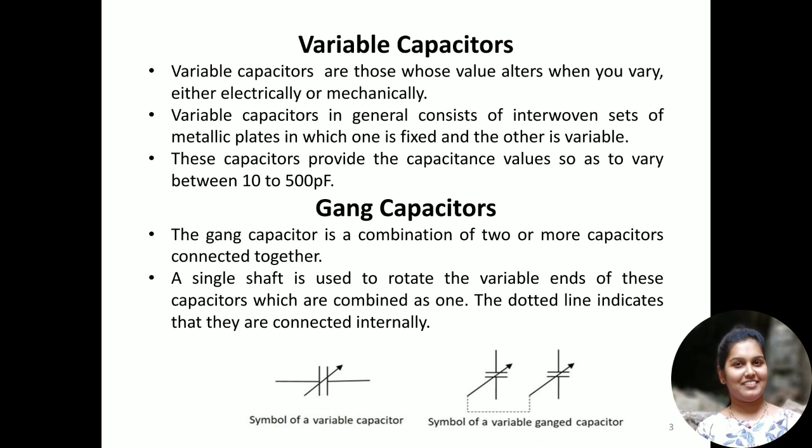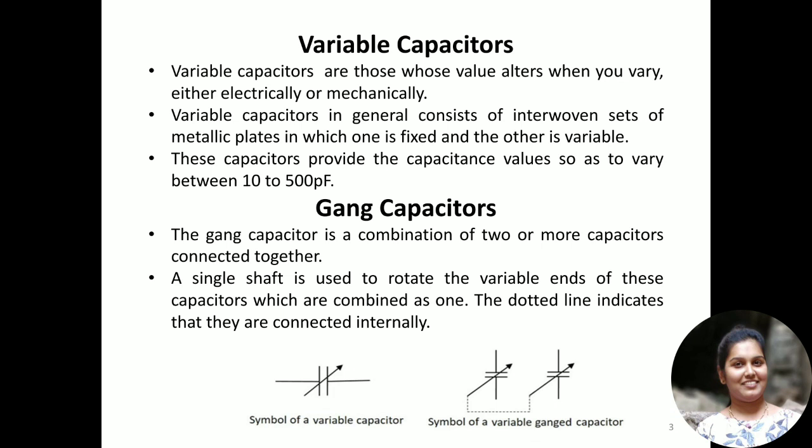Here you can see that variable capacitors in general consist of an interwoven set of metallic plates in which one plate is fixed and the other one is variable. From this you can understand that one of the plates will be fixed and the other plate will be movable. The movable plate will be moving on the fixed plates.